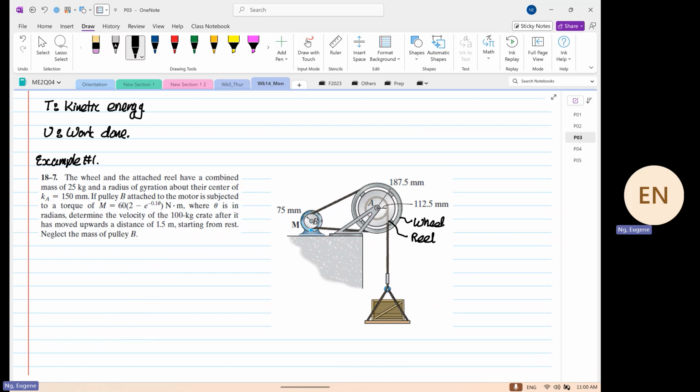Those of you that go fishing will know this very well. It has a radius of gyration about the center, kA. So this is where point A is. Radius of gyration kA is equal to 0.15 meters. And I just mentioned to you that I is equal to m k squared.